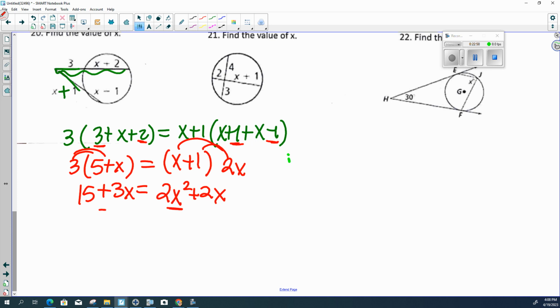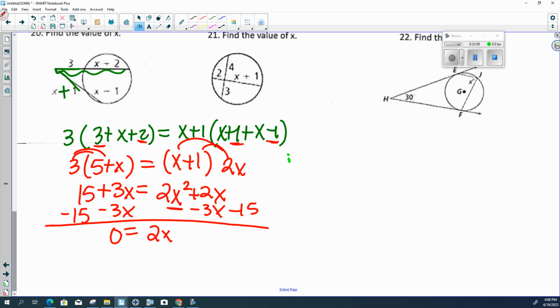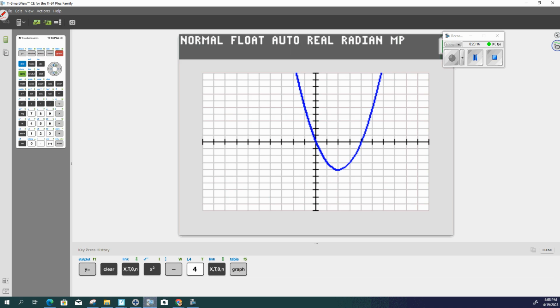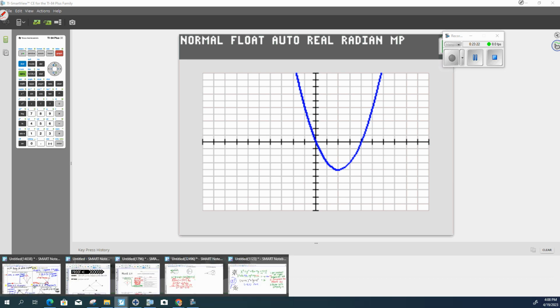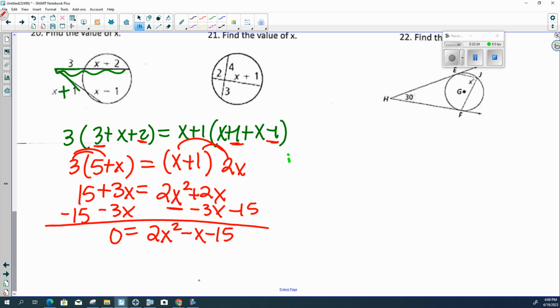If that's the case, put everything on one side because we're going to solve this in a quadratic form. 2x squared minus x minus 15.